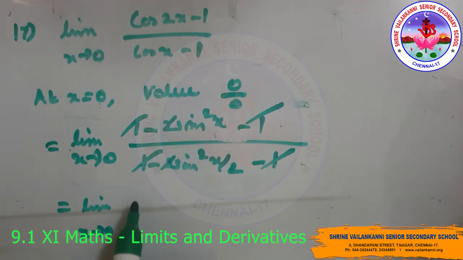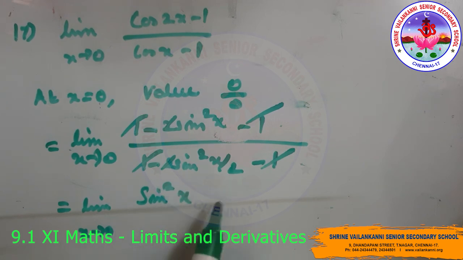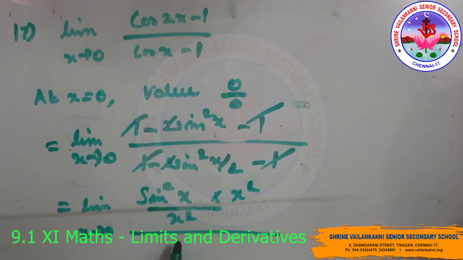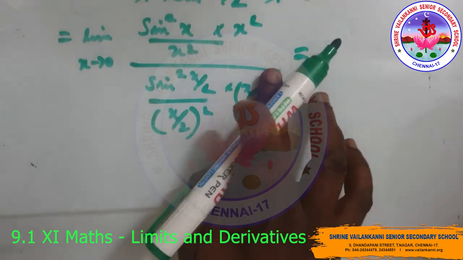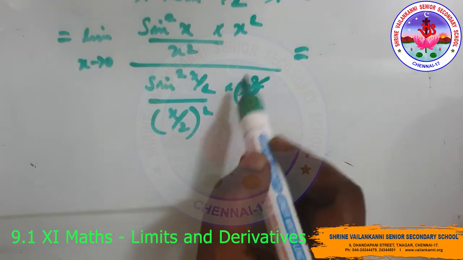Then we are writing this as limit x tends to 0 sin square x. So multiply and divide by x square in the numerator, and in the denominator sin square x by 2, multiply and divide by x by 2 whole square in the denominator, so that we can get, so this will become x square by 4, so that we can cancel this x square.